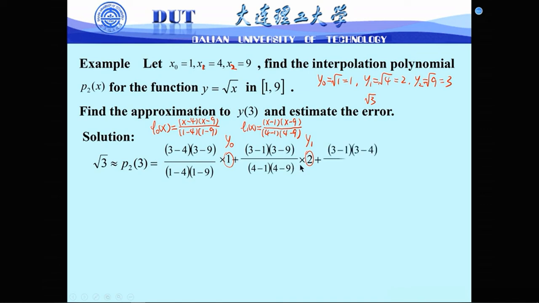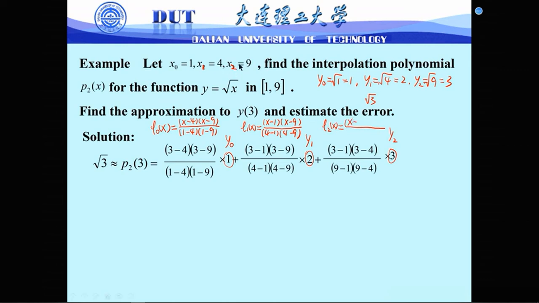The last term is for the function value at x2. So it is y2, which is 3. And we need to write L2(x), the basis polynomial. The numerator is x minus the other nodes.